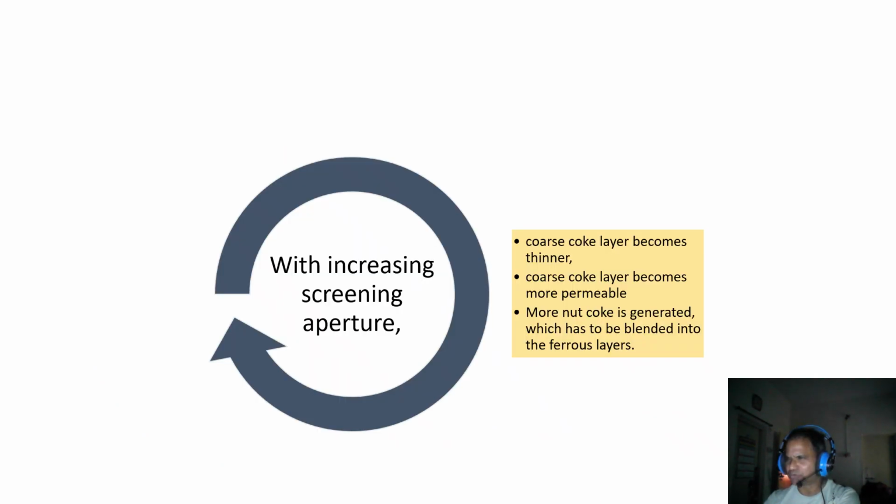Now coming to the configuration of nut coke, as we know that a small blast furnace tolerates higher nut coke ratios, and adjusting the screening aperture allows the operator to match coke fraction to furnace dimensions. That is an essential move to balance gas flow and maintain the wall friction threshold.